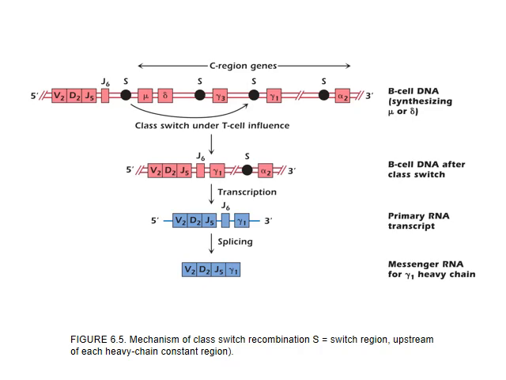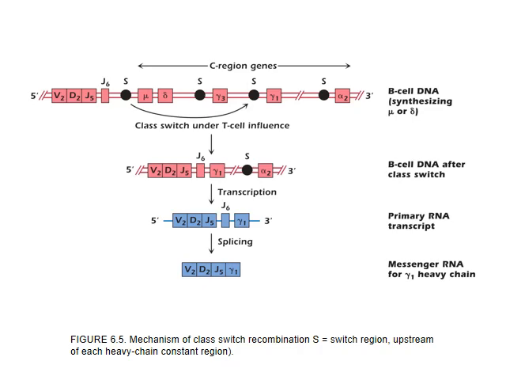And then of course it can be transcribed, and then in transcription, 3 end and 5 end, further splicing will get rid of all the introns, and then we will end up with messenger RNA for, in this case, you can see that we end up with messenger RNA for gamma 1.